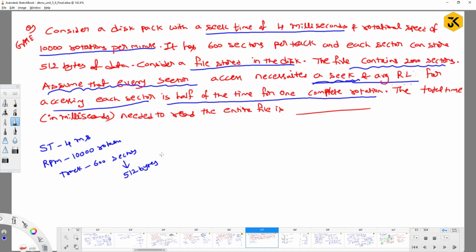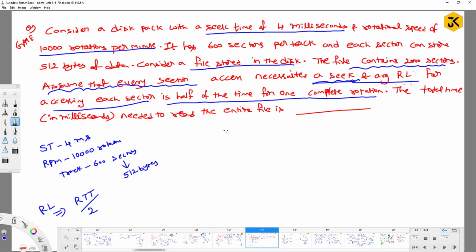If they haven't mentioned any rotational latency, then 1 RTT by 2 is the rotational latency, and the total time needed to read the entire file is.